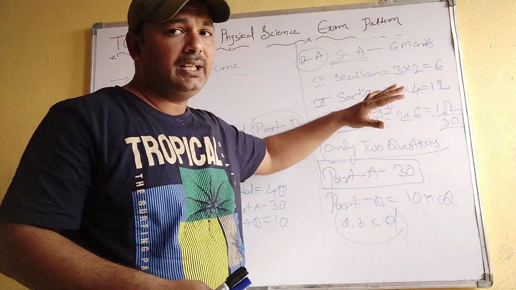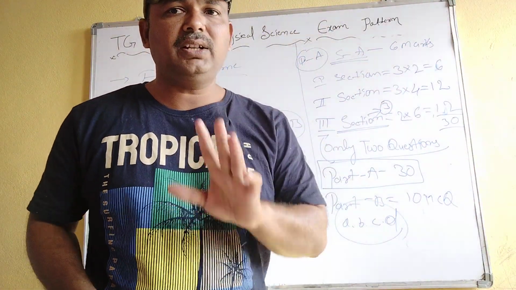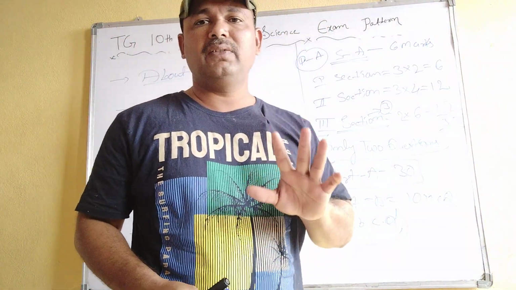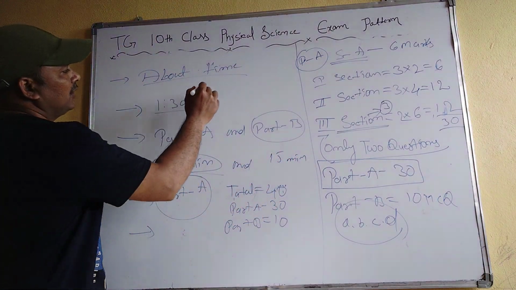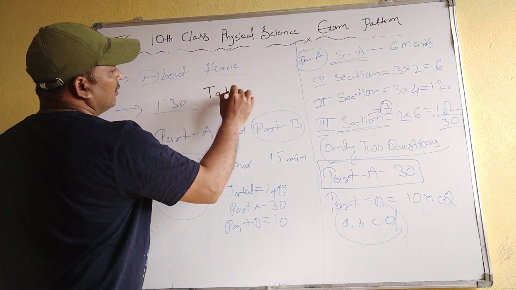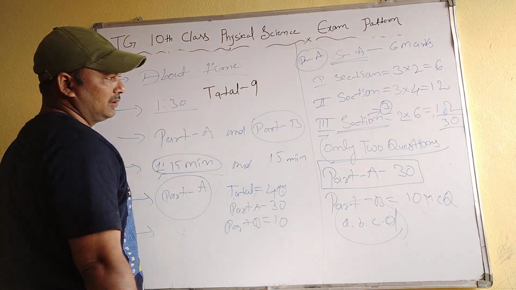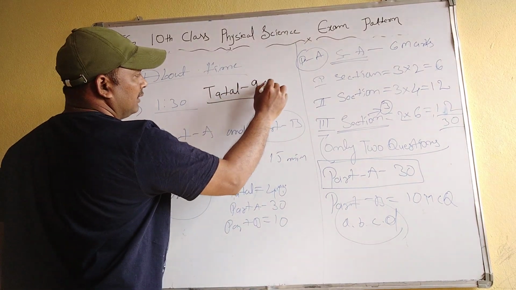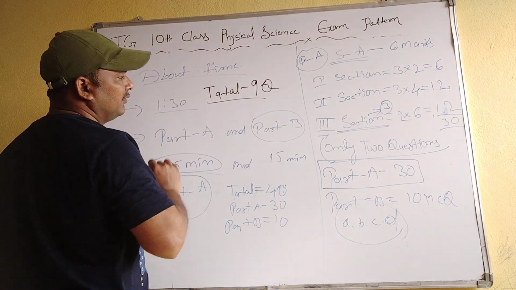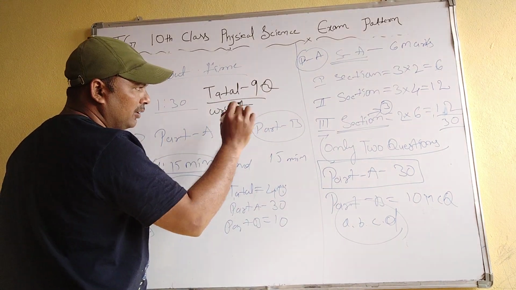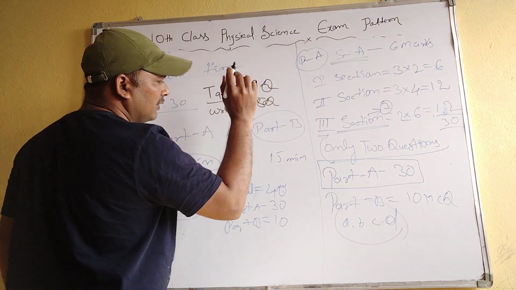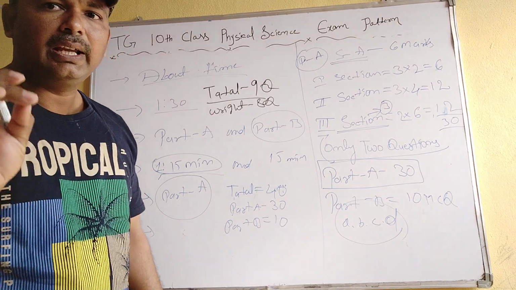They have given the total 9 questions in part A, but we have to give the answers for only 8.